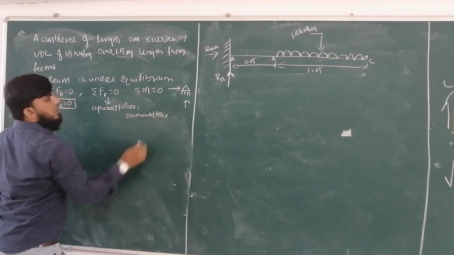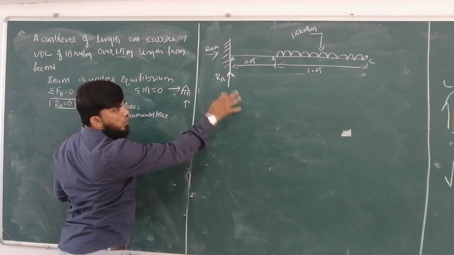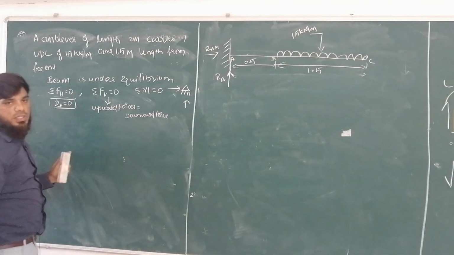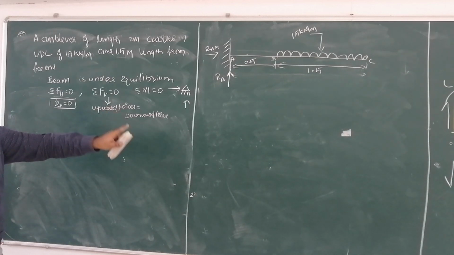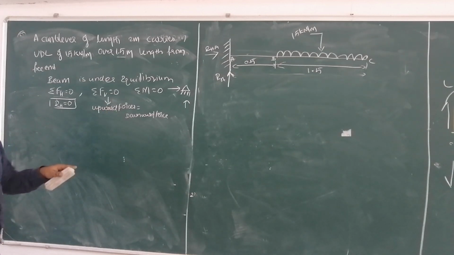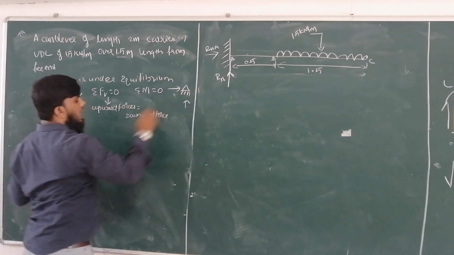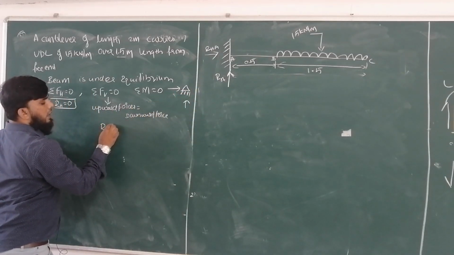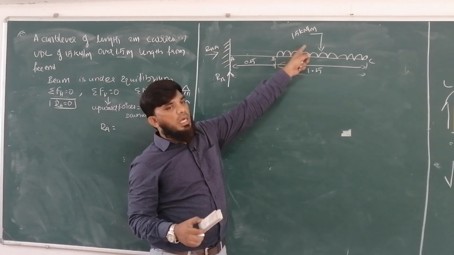You should remember that on one side you should do the calculation. Wherever you draw the diagram, that whole page will be left only for the shear force and bending moment diagram. One side you do the calculation, and one side you leave for the diagram. So upward forces equal downward forces. The upward force acting here is RA. The other force acting downward is the UDL.